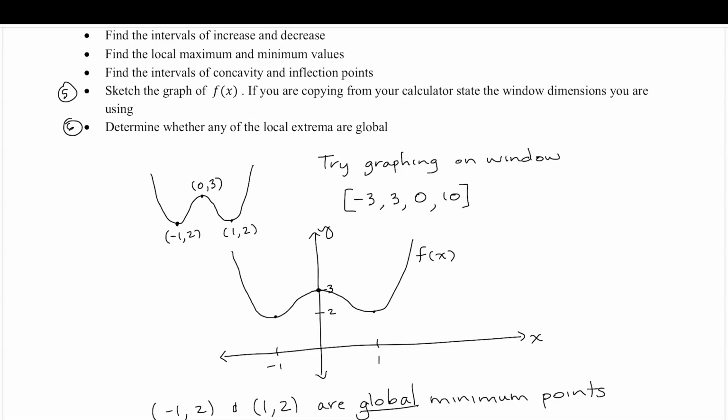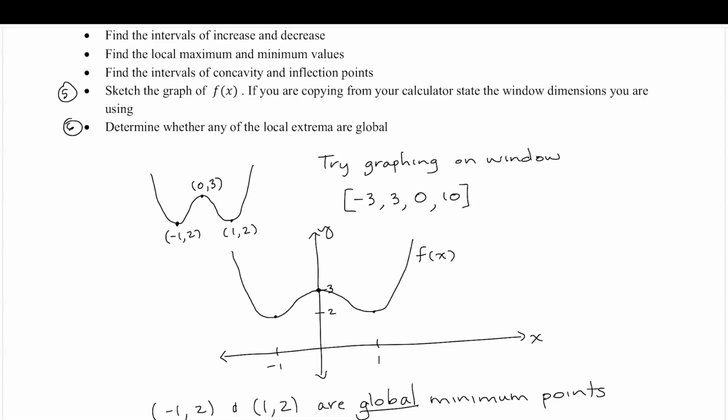At negative 1, 2 and positive 1, 2, those are the lowest points on the function overall. There are no points any lower than that, so those minima are not only local but global.